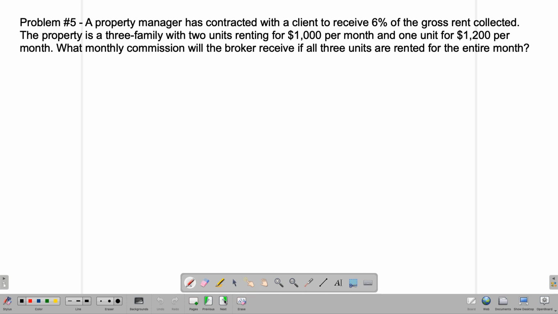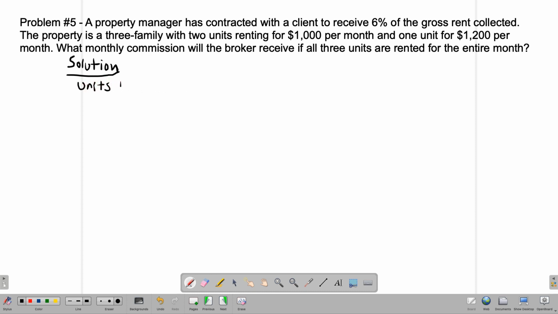All right, so once again, for this solution, let's break it down. Now, we're not dealing with a total commission. Here we're dealing with rent. So we described that this property has 3 units.